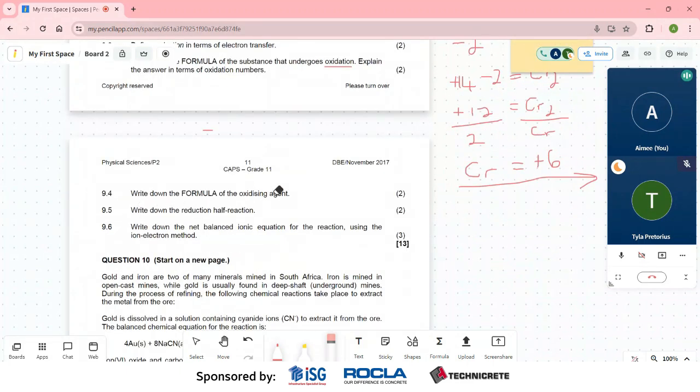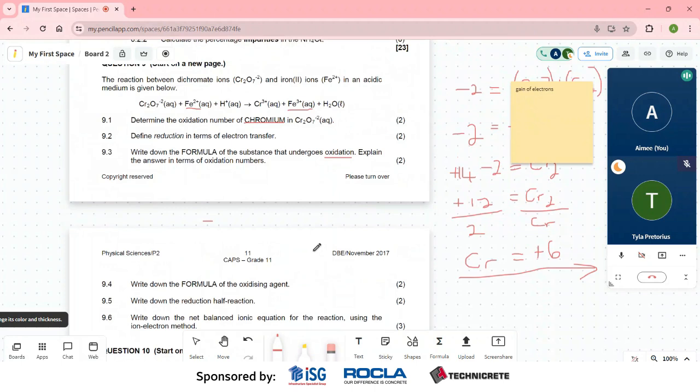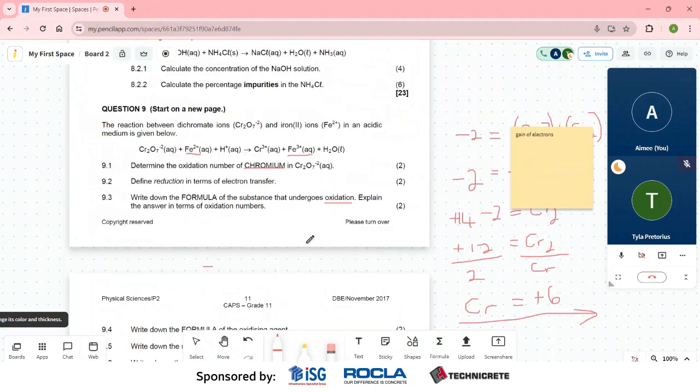Okay, write down the formula of the oxidizing agent. Remember, I told you the oxidizing agent is the one that undergoes reduction. So it is the one that gains electrons or becomes more negative. So you can see that we calculated what the oxidation number for chromium was in this format.